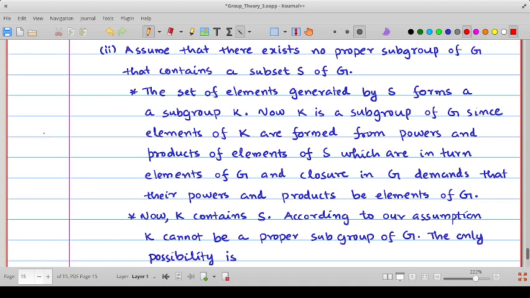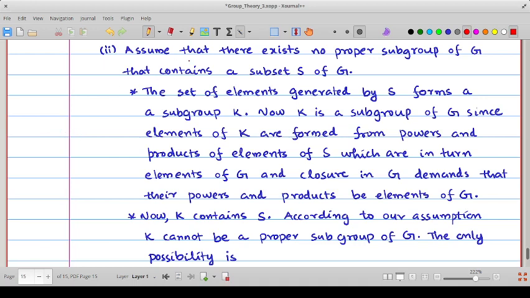First, the set of elements generated by S forms a group because they form a closed set, and the elements in that group are elements of the group G because they are formed by taking the powers and products of the elements of S, which are elements of G also, and therefore the group generated by S is a subgroup of G. So the important result is that the group generated by S is a subgroup of G.